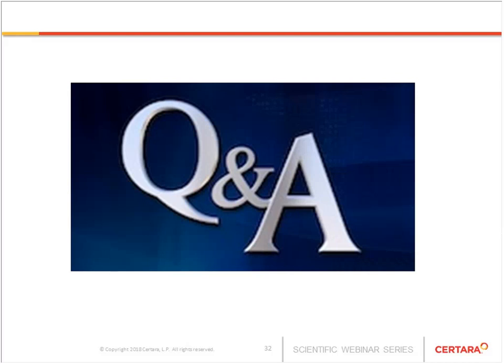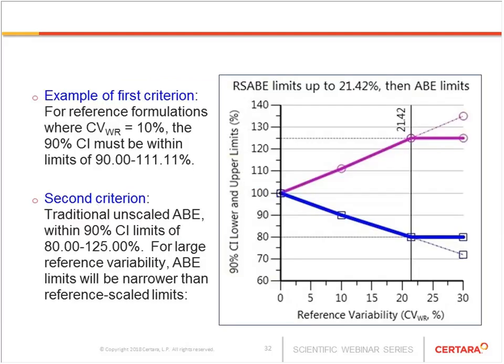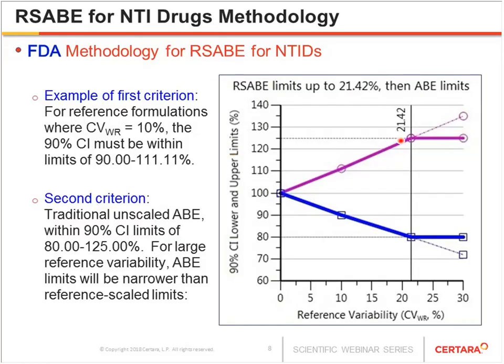Thanks, Anna and Linda. Someone wants to know, why is the average bioequivalence output processed? Is it just an informative analysis? Yeah, so that actually comes back. This is unique to the FDA guidance. So if we go back in the slides a little bit, when we talked about the different regulatory agencies that have different requirements, the FDA is kind of unique in this respect, in that we only apply the average bioequivalence when the reference variability becomes high enough.